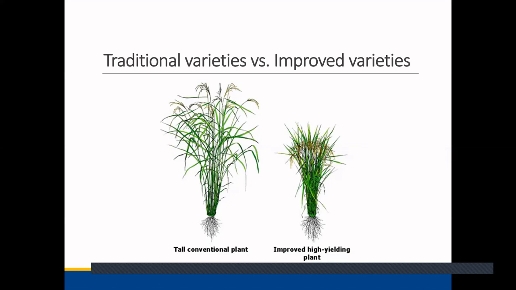Because they have little chlorophyll content, and they are taller, they cannot absorb the light. So when the demand is less, they will not take up the nutrient. That's why they had low response to this nitrogen fertilizer.